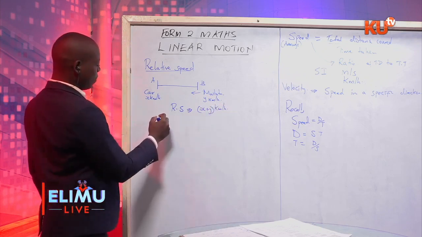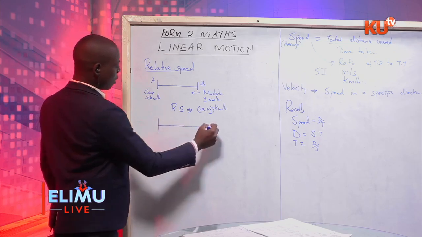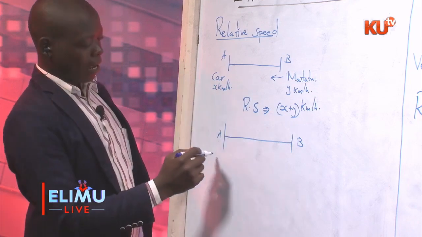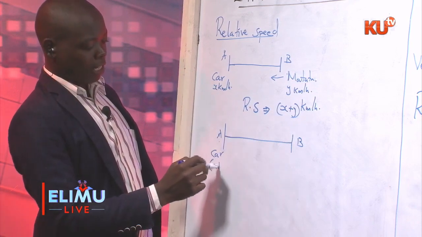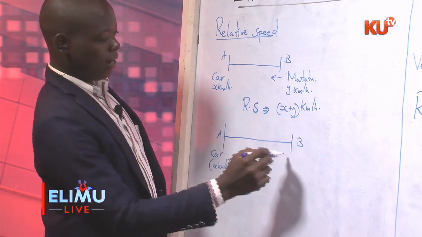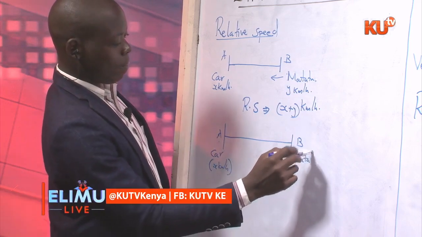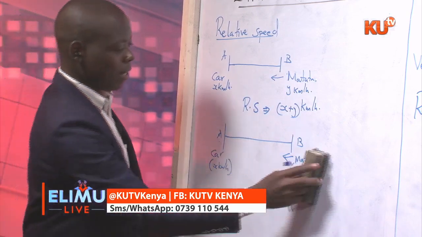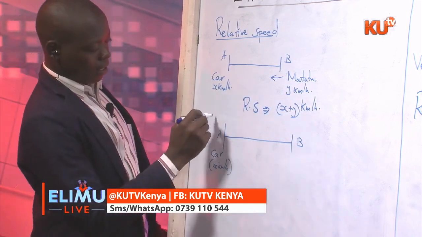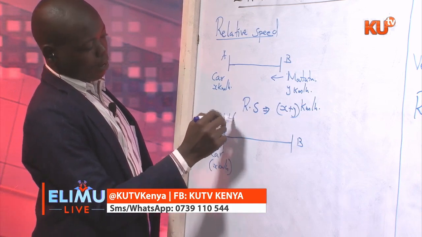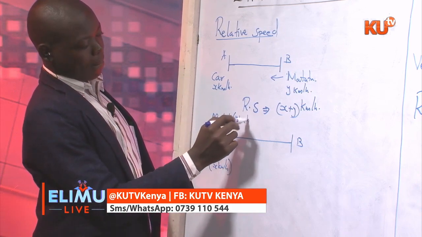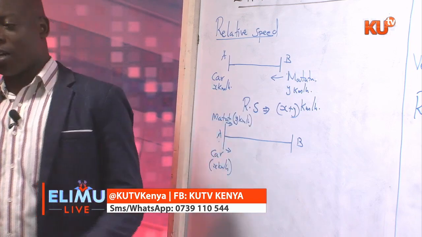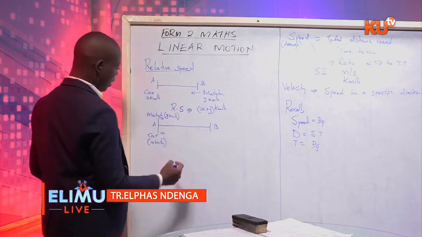And if they are moving in the same direction, assuming now we have A and B, and the car is at x kilometers per hour, and the Matatu is moving in the same direction, meaning they are both moving from A, going at y kilometers per hour, then we shall consider the relative speed as the difference in their speeds.